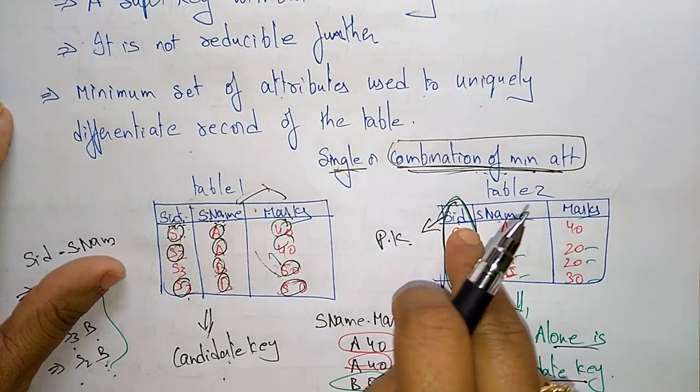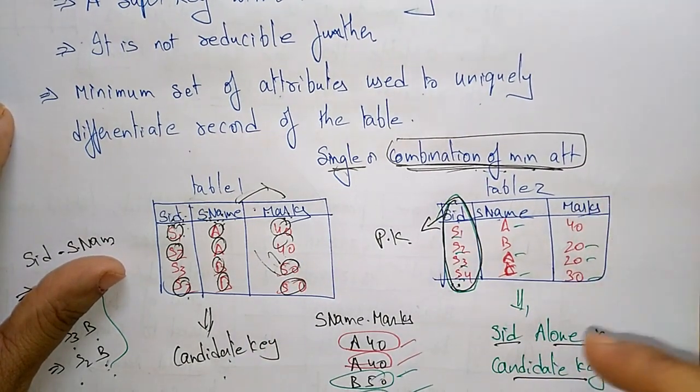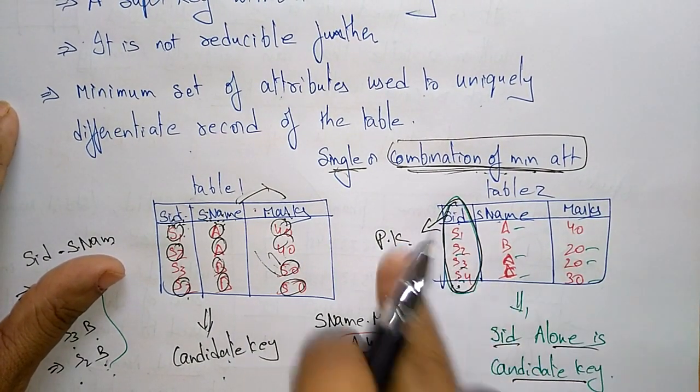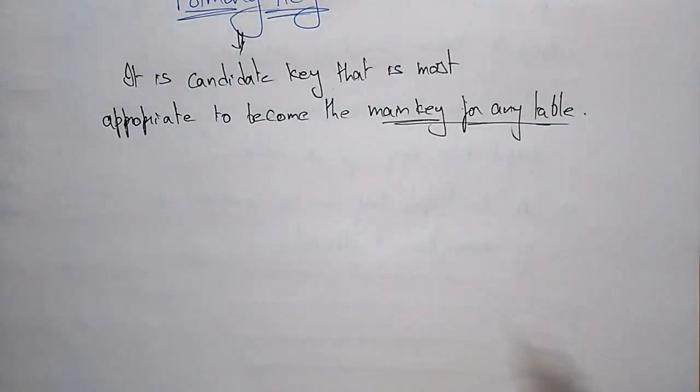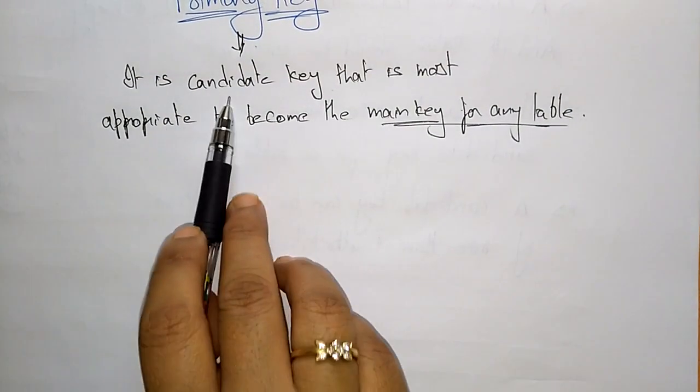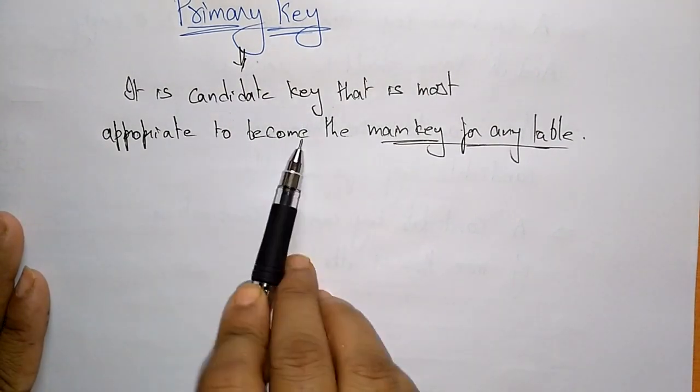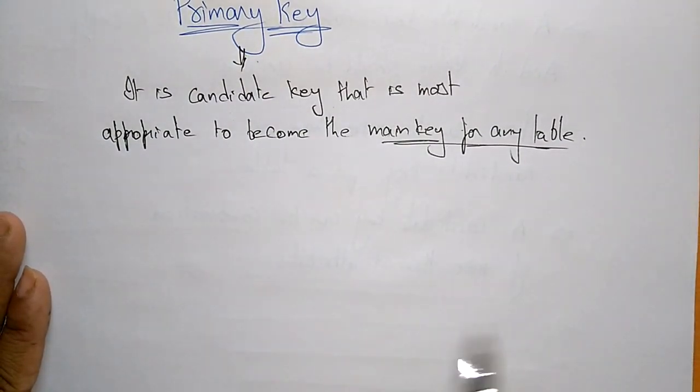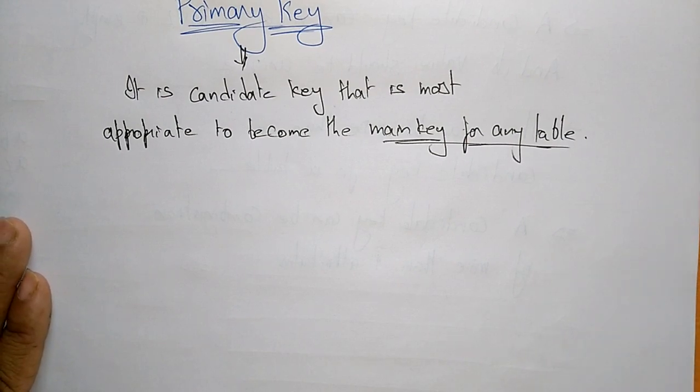So in this table, the student ID is a candidate key as well as the primary key. That's why I am saying a primary key is a candidate key that is most appropriate to become a main key for any table. Whatever main key is present in the table, you call it a primary key.